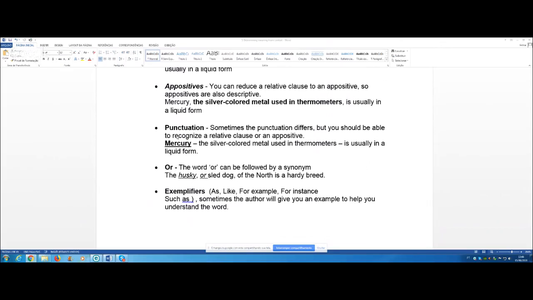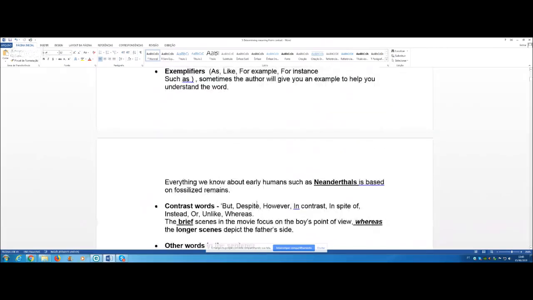Sometimes the author will give an example to help you understand the word. It's not really defining the word, but it's giving an example to help you. So this would be an example: early humans, and Neanderthals is an example of early humans.